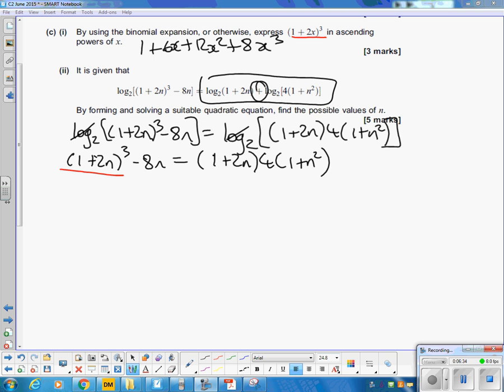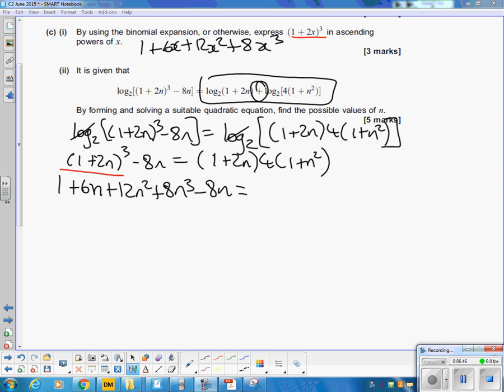So let's multiply that out. So that's 1 plus 6n, make sure we're using the right letters. 1 plus 6n plus 12n squared plus 8n cubed, minus 8n on that side. This side, let's multiply those brackets: 1 times 1, plus 2n times 1, plus 1 times n squared, plus 2n times n squared.